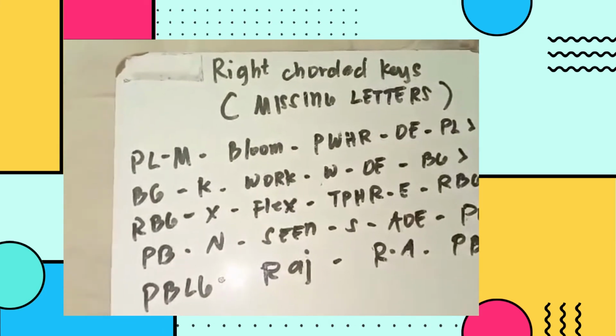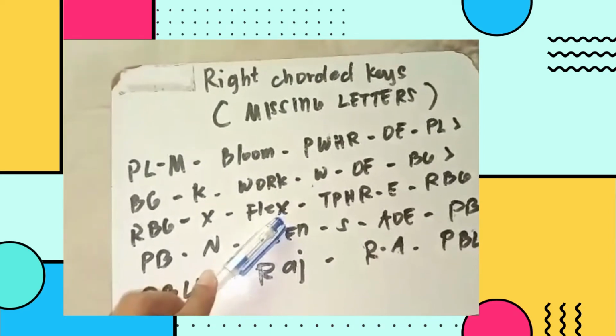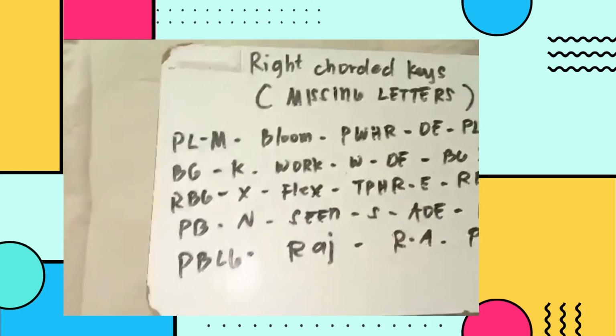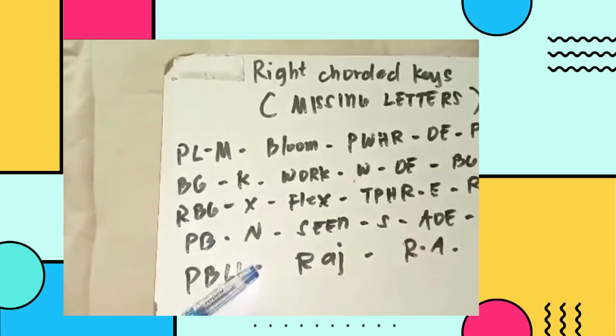Next, as my example is flex. So flex, for missing letter X, and it's in RBGS.